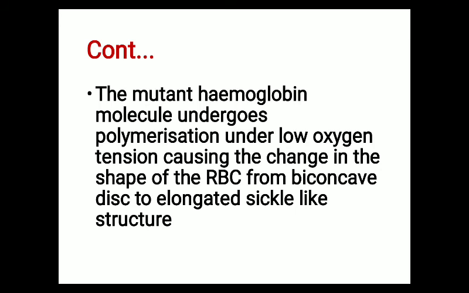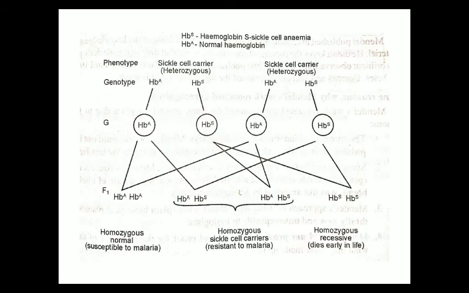The mutant hemoglobin molecules undergo polymerization under low oxygen tension, causing the change in the shape of RBC from a biconcave disc-like shape to sickle shape. So in pleiotropy, what we are seeing is that due to the change of one amino acid, glutamic acid, the shape of hemoglobin gets changed, and when the shape of hemoglobin changes, ultimately it leads to the change in the shape of the RBC.